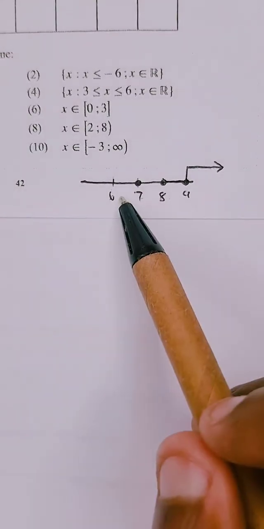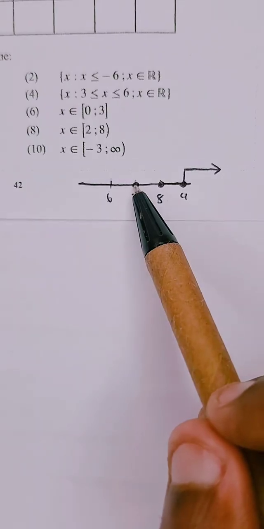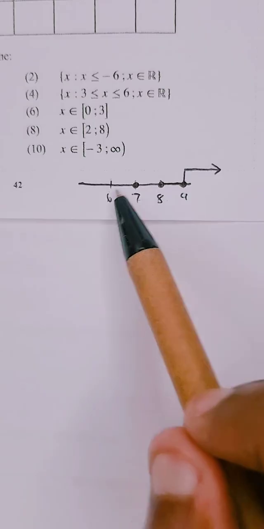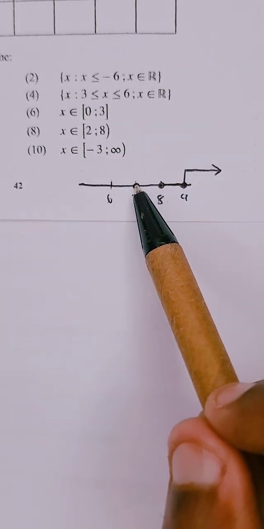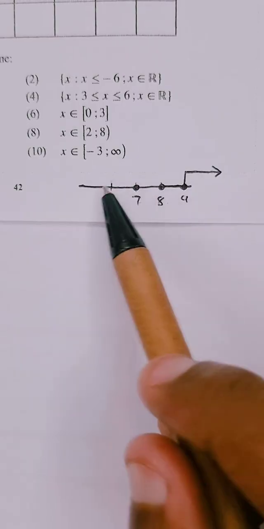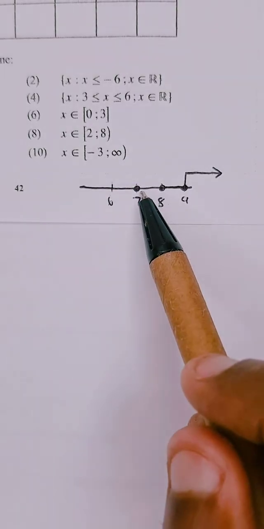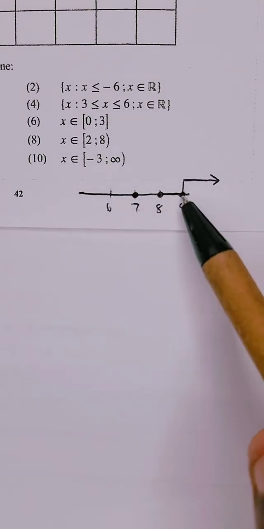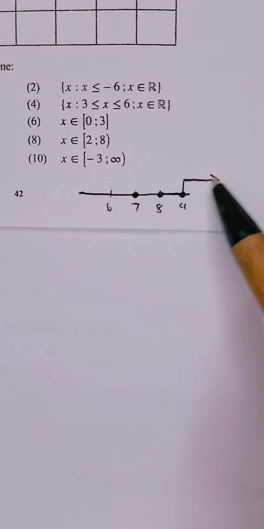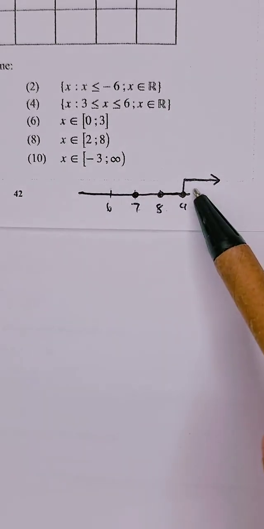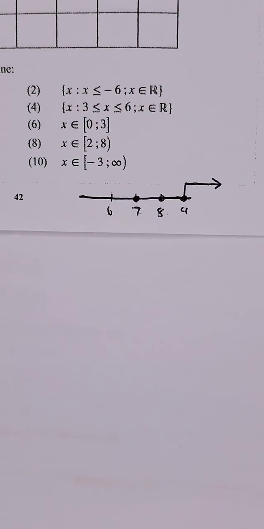We cannot include the value 6. We only include 7, 8, 9, and there's more to infinity, of course. So this arrow showcases that this pattern of integer values continues all the way to infinity.